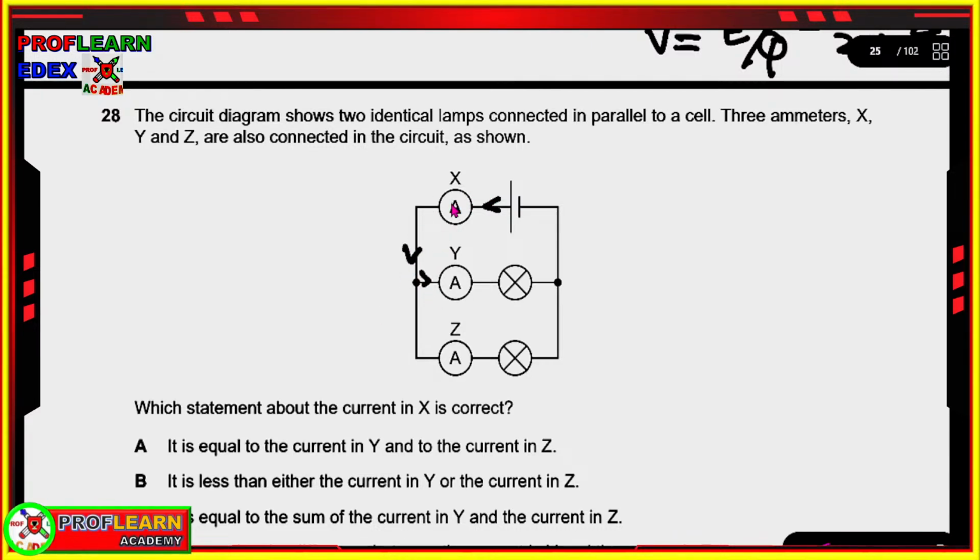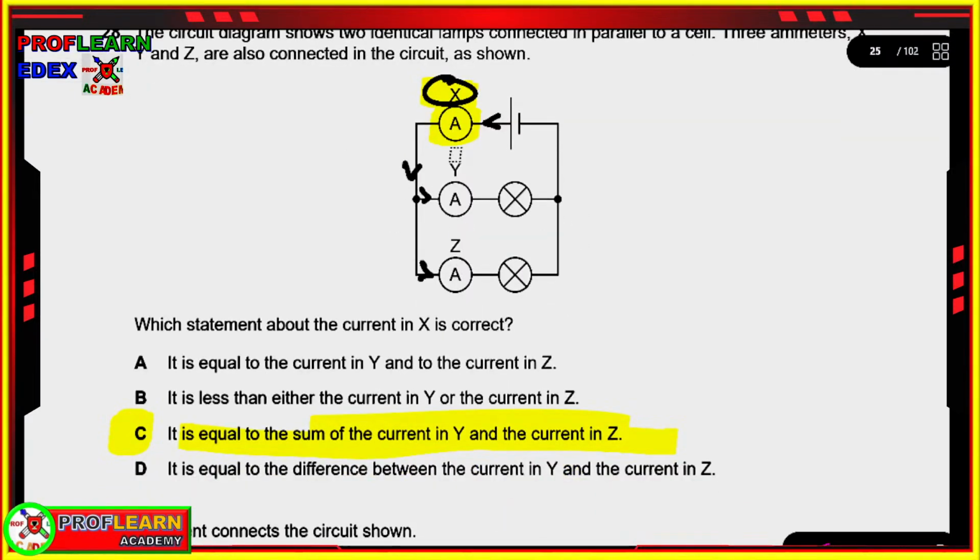So the current in X is going to be more than that in Y and that in Z. So this is more current here. This is going to be shared here, so it's equal to the sum of that. Yes, that is correct. This is the correct answer, C. If you add these two, the current will be equal to that.